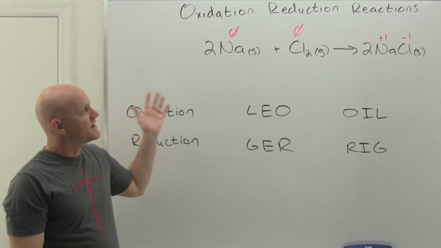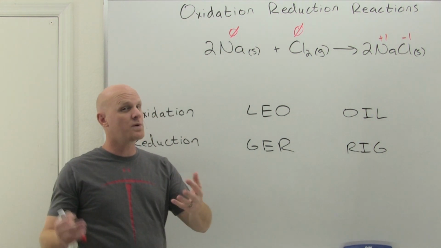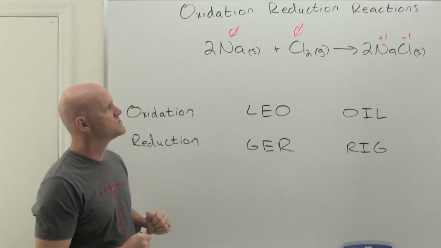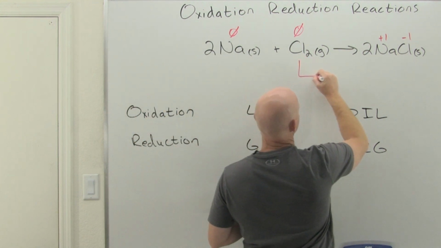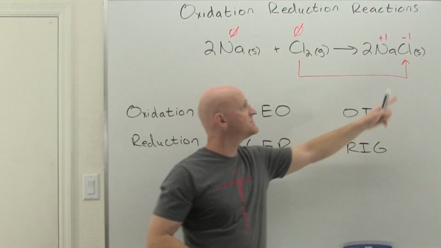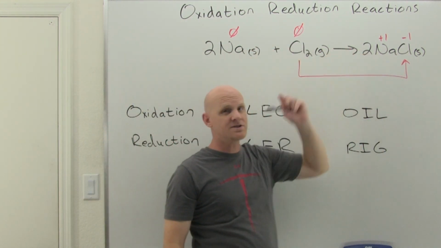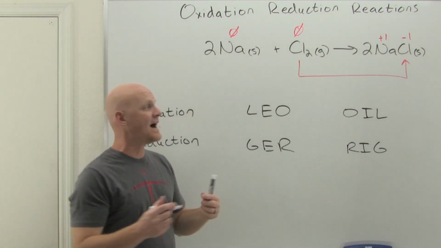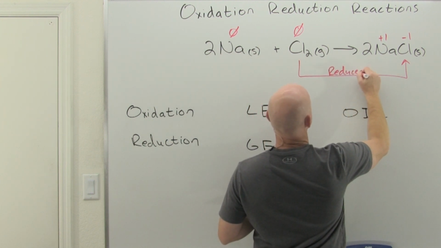So if we take a look at this, my first question for you is whose charge, or oxidation state more properly, went down? And in this case, if you take a look, that's going to be chlorine. He went from 0 down to -1, whereas sodium went up from 0 up to +1. So the one where its oxidation state goes down, that's what they actually term getting reduced.